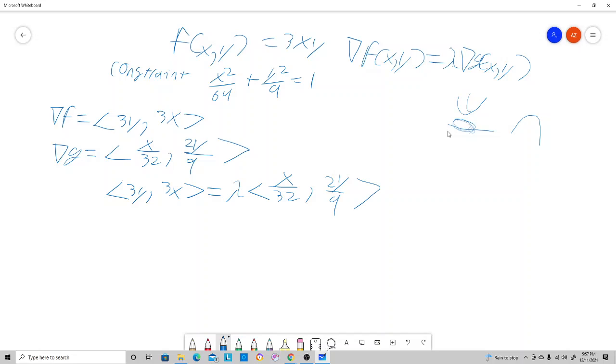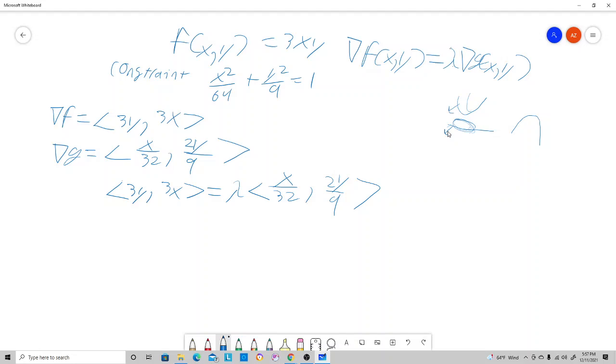So let's see. I think maybe the best way to think about why this works is saying that the gradient of the region, so it would be a certain vector, right, is equal to a scalar times the gradient of the function.